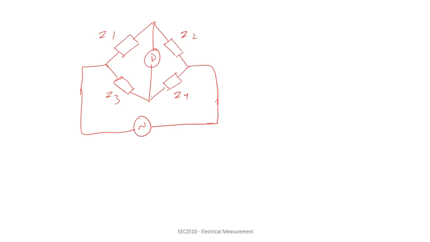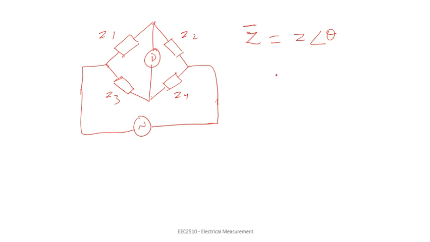The difference of an AC bridge from a DC Wheatstone bridge was that in balancing an AC bridge, two different conditions have to be met. If we represent the impedance in the form of Z angle theta, with a bar because it's a complex quantity, this represents the magnitude and the phase angle of the complex impedance.